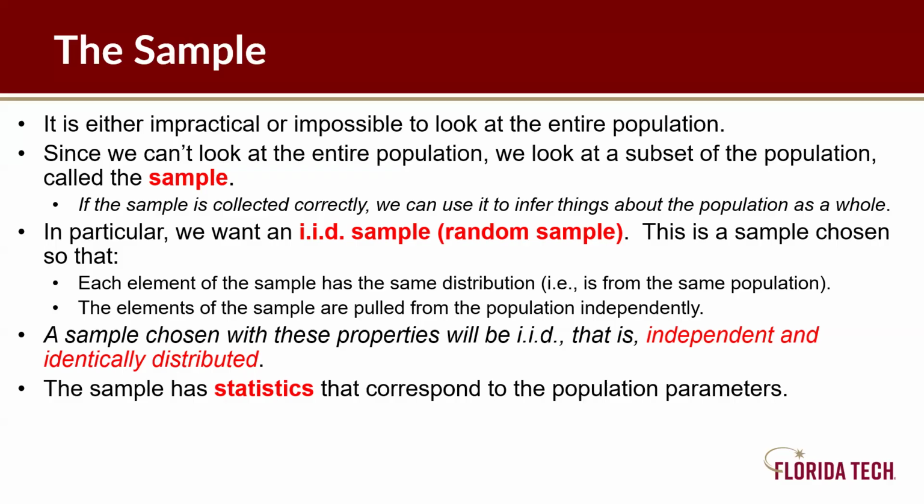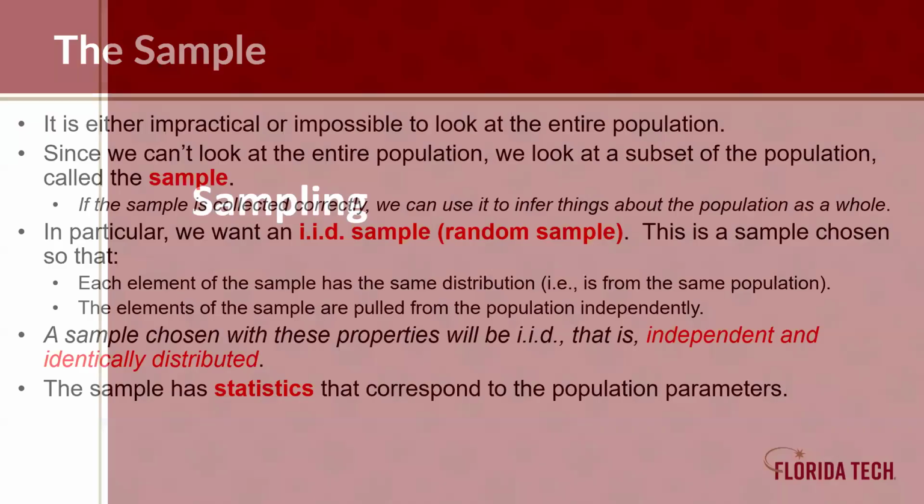And the elements of the sample are pulled from the population independently. A sample chosen with these properties is independent and identically distributed, and the sample has statistics that will correspond to the population parameters.